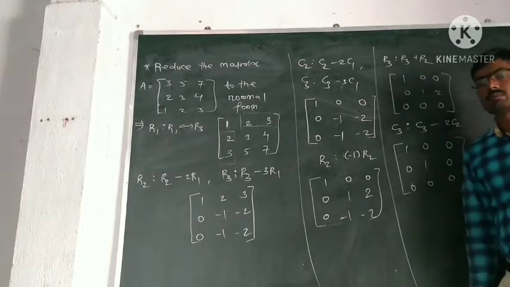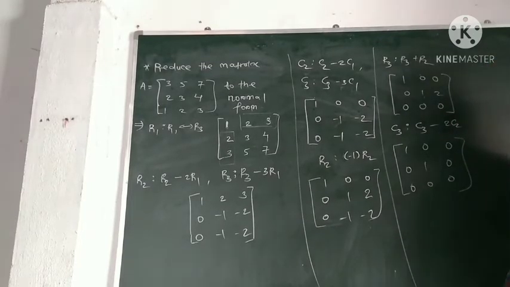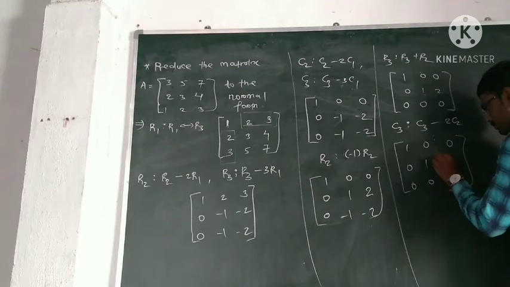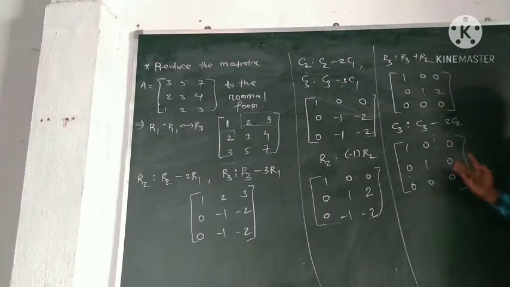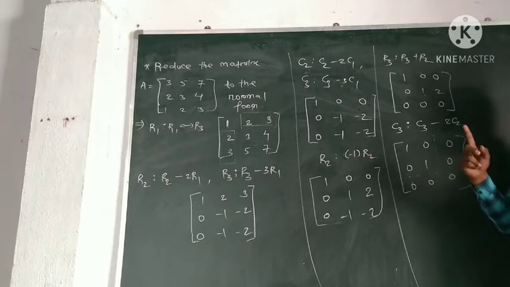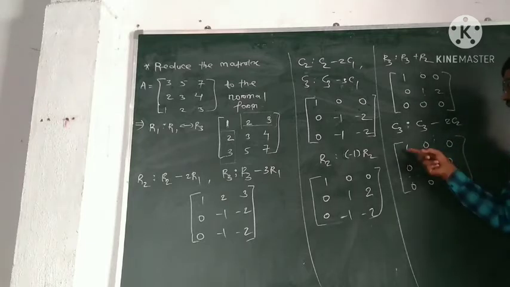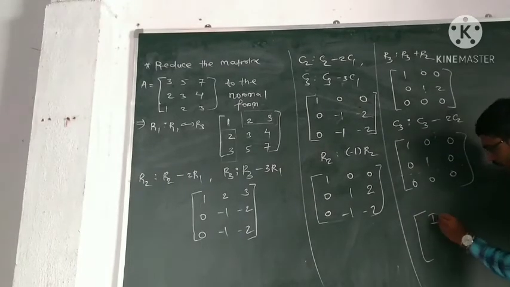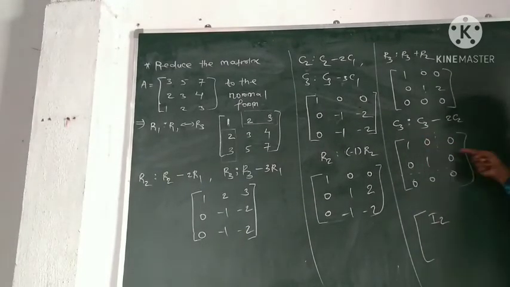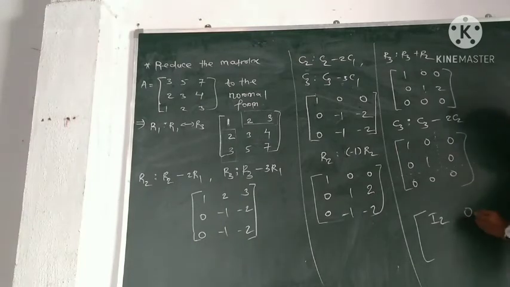So our matrix becomes in normal form: I_r 0, where r is the order of the identity submatrix. Here the order is 2 by 2, so this matrix is like I2, 1 0 0 1. Here is the 0 matrix of order 2 by 1, 2 rows 1 column.